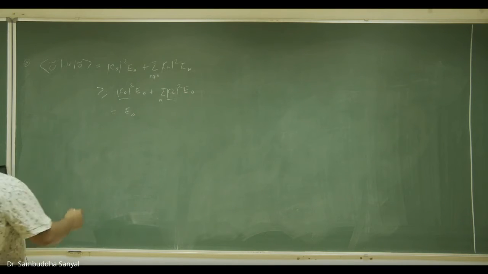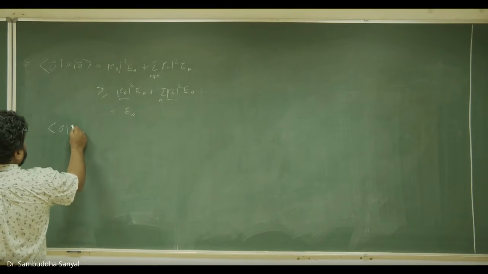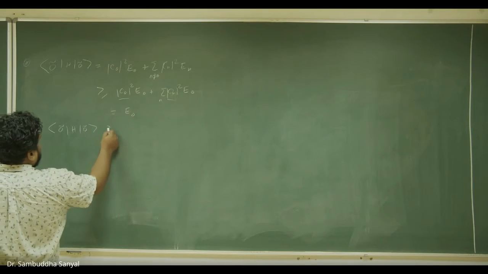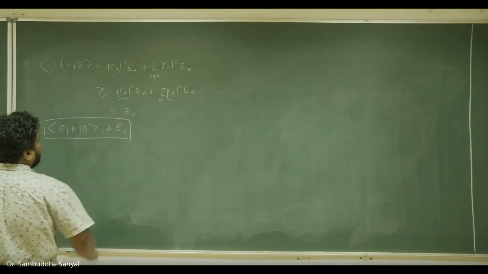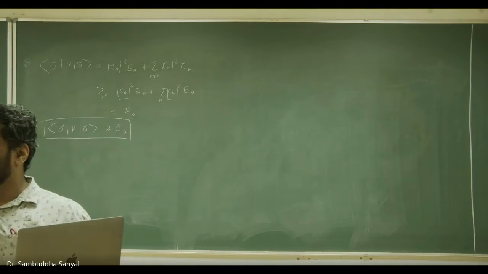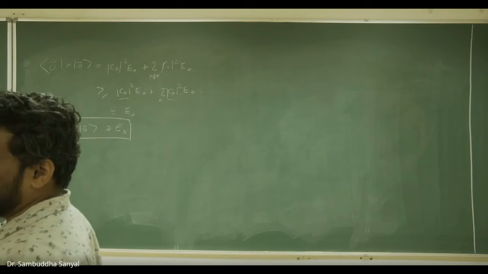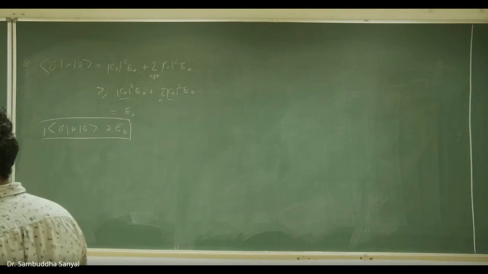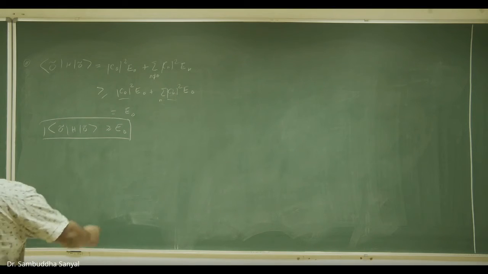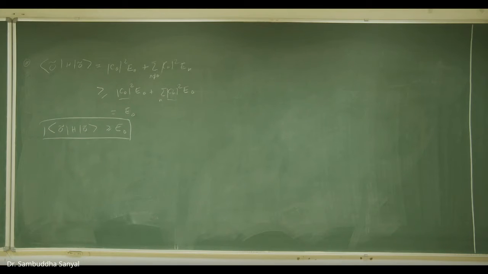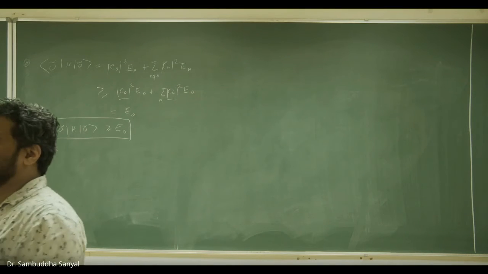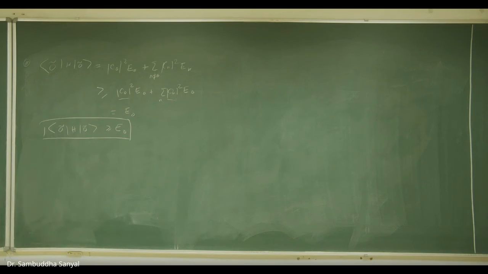So that proves that this is always greater than or equal to E0, which means whatever your estimate is, it can at minimum be E0, because the ground state is the lowest energy state, and whatever else you do will overestimate the ground state energy. So a good check of quality is that if you have multiple of them, which one is the lowest? That is most likely to be close to the correct answer, right?